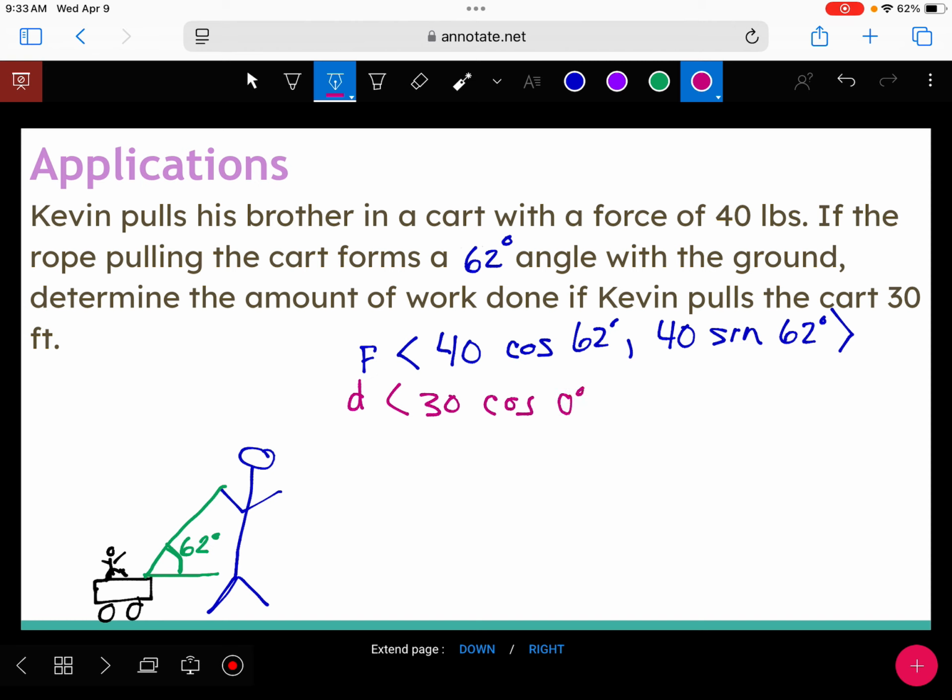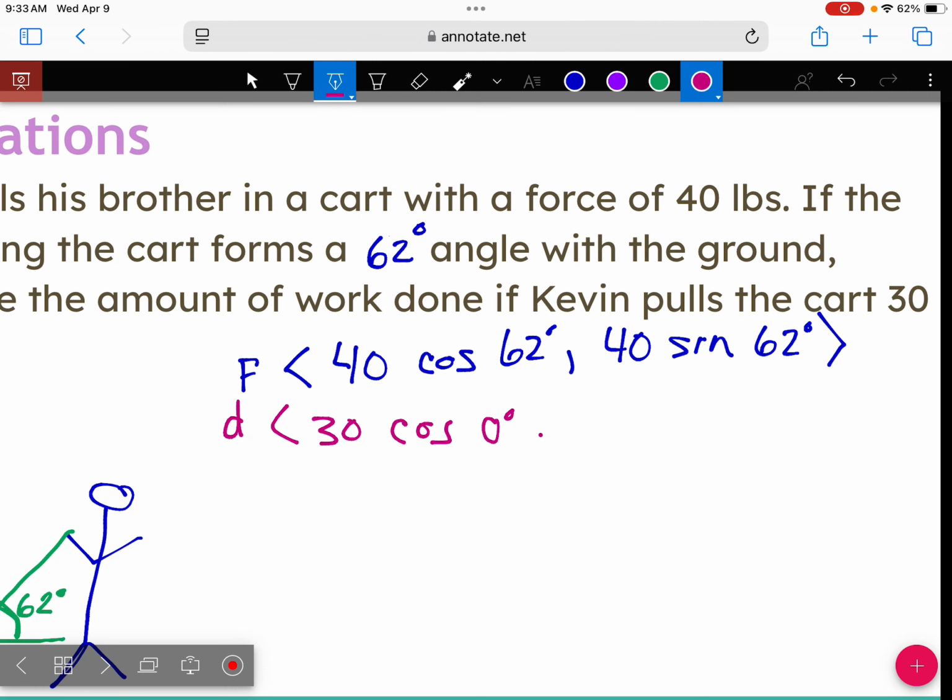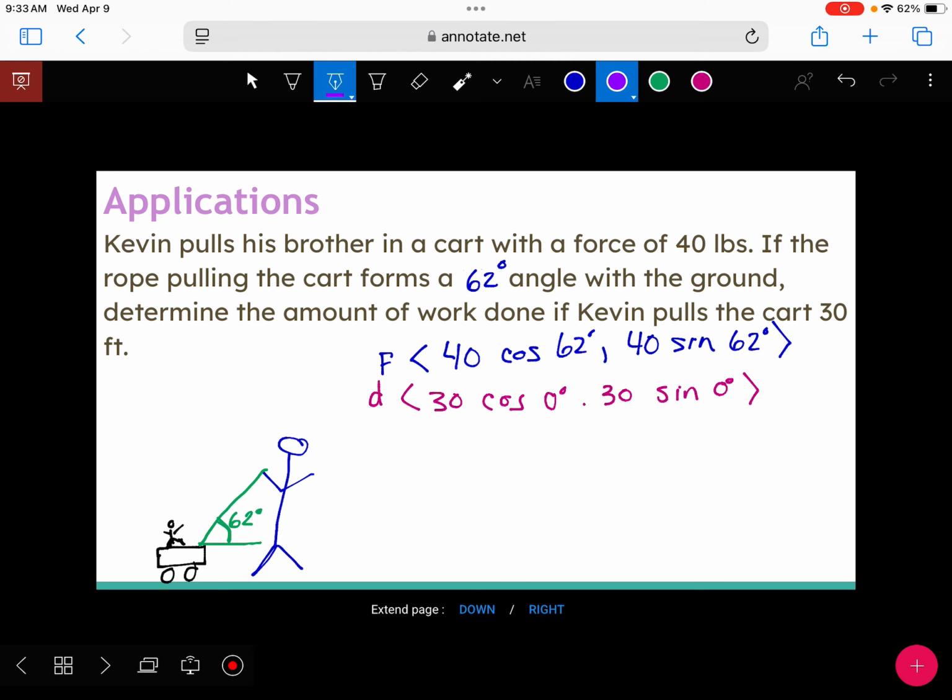Is the displacement always 0 for the cosine? More often than not, it's 0. It's one of those things that we don't have tons of problems with, but I can't think of a time when it wouldn't be, though I'm not willing to lock it in. 30 sine of 0. So then we're just finding our dot product. We've got our two pieces, so we're going to get our work.